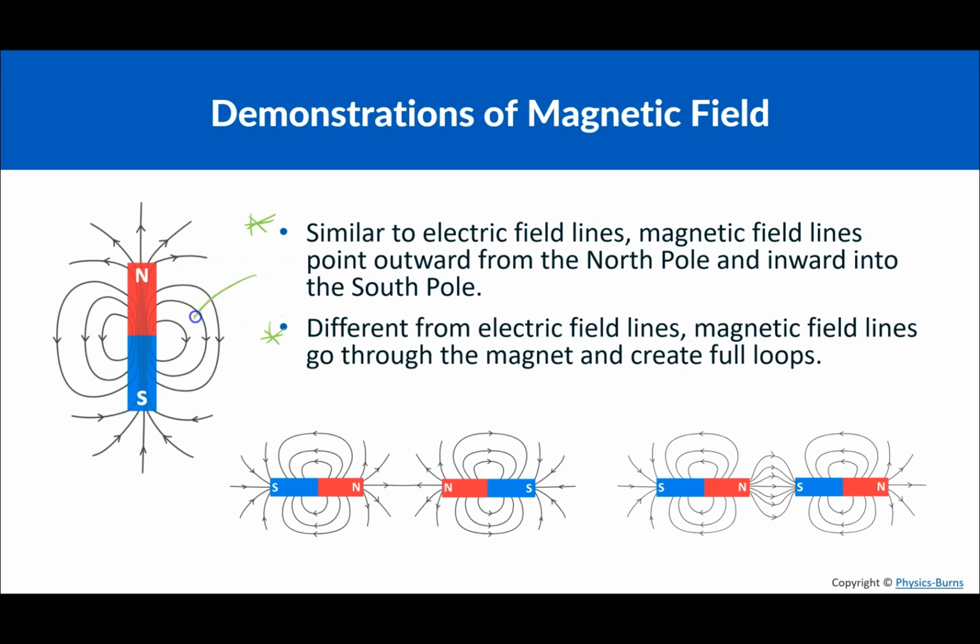You can see that the field lines go through the magnets, they're not just outside of the magnets like over here. From the north side, they're pointing outwards, and from the south side, they're pointing inwards.